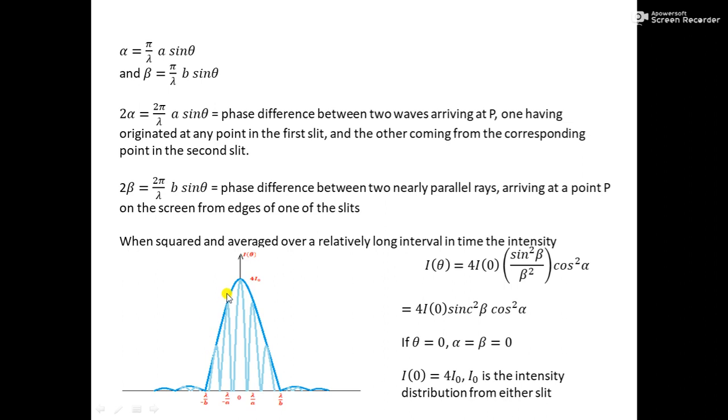This part corresponds to the central maxima. This gives the diffraction phenomenon, and these are the minima and the first maxima, second maxima, and inside the central maxima, these fringes are the interference pattern.